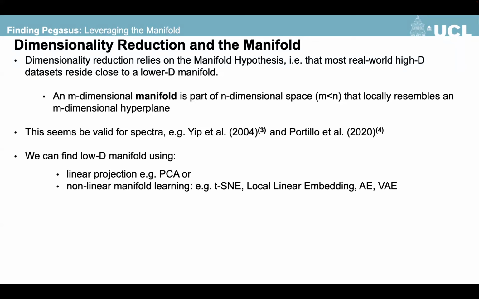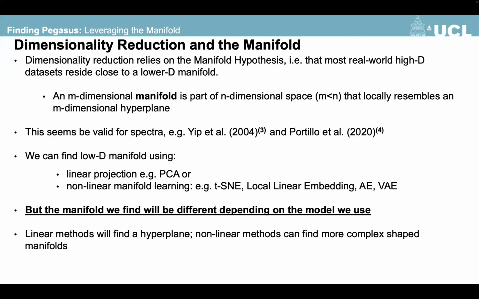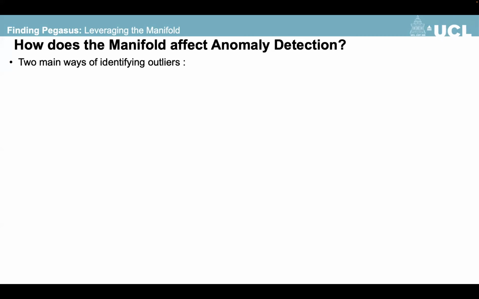And we can find this low D manifold using linear projection methods, maybe something like PCA, or nonlinear manifold learning such as t-SNE, which was again mentioned a few times yesterday, locally linear embedding, or deep learning methods like autoencoders, like Peter was using, or variational autoencoders. But again, the manifold we find will be different depending on the model we use. Linear methods will typically find a hyperplane, while nonlinear methods will find more complex shaped manifolds.